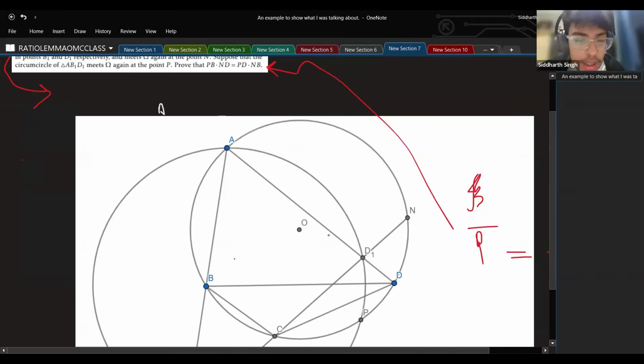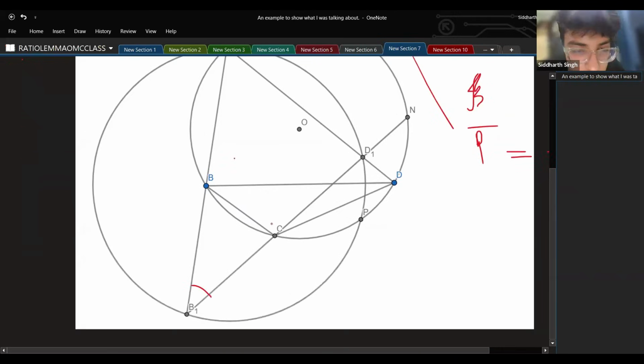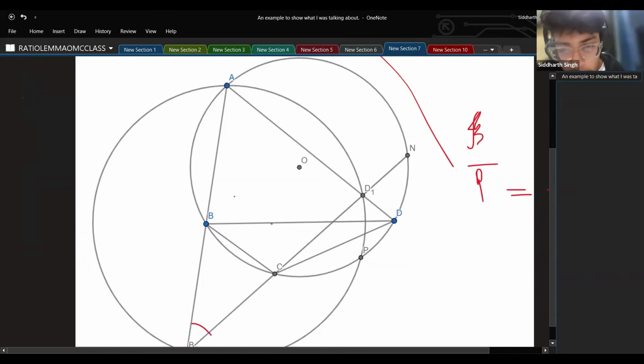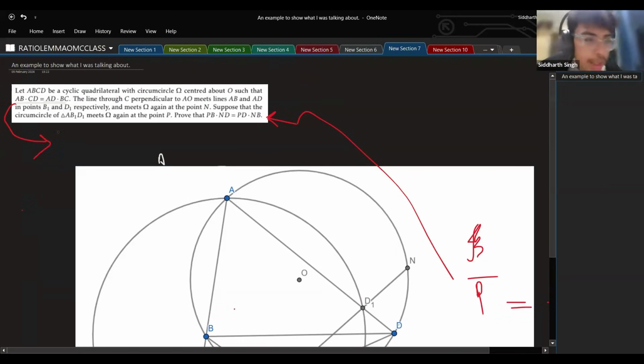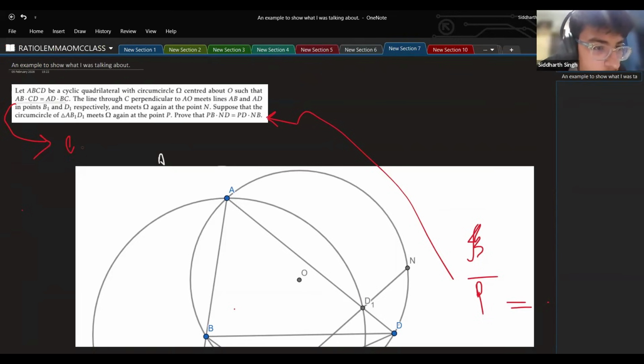Anyways, but considering the angle CB1B is the right idea. So we want to prove, we are given that, rearrange this to get A bar is equal to minus C bar. So we have to use this to prove this result.